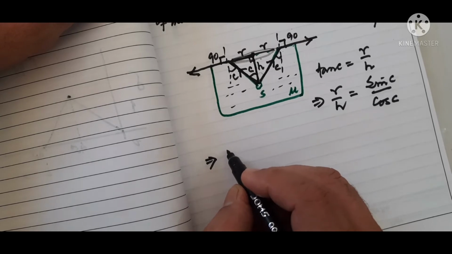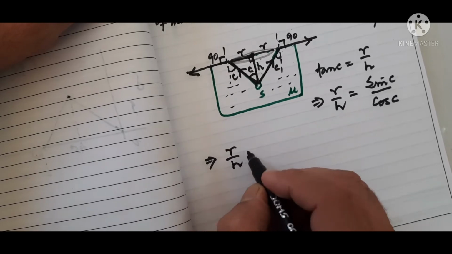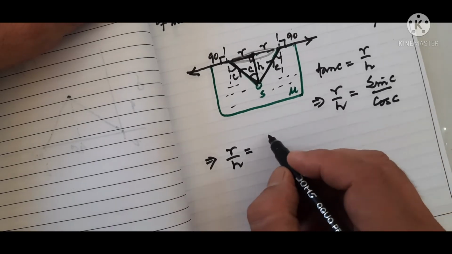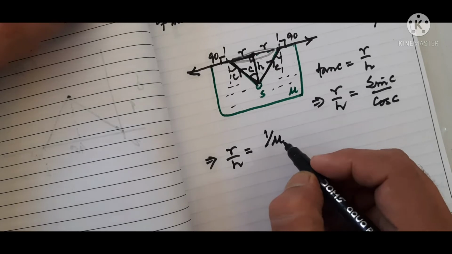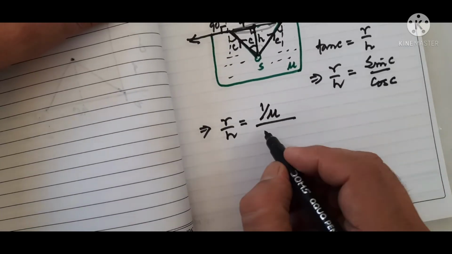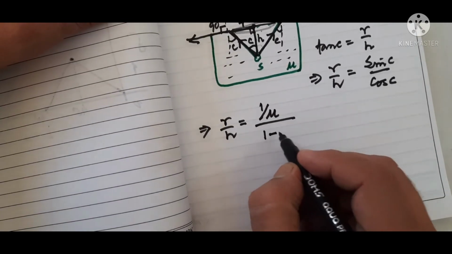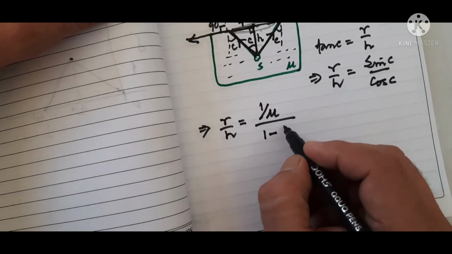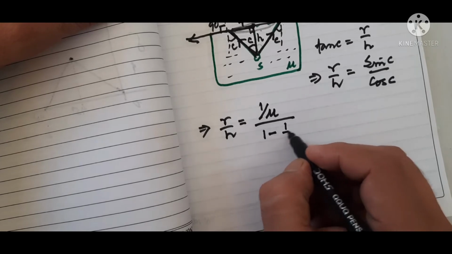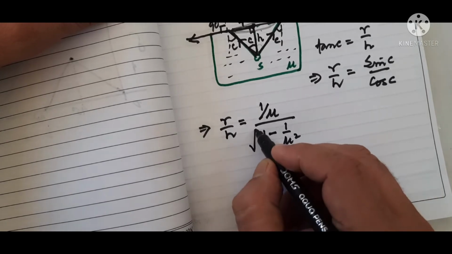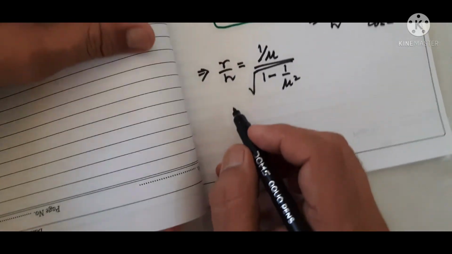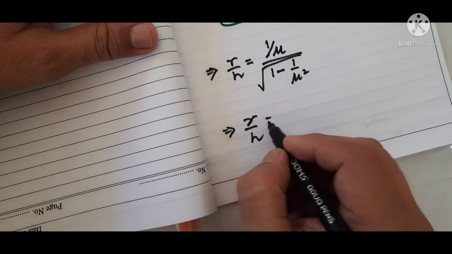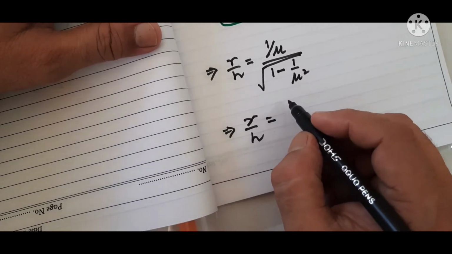and r by h is equal to, in place of sin c I am writing 1 by mu, by, in place of cos c I am writing under root 1 minus sin square c. So I am going to write directly 1 by mu square under root. That comes out to be r by h is equal to, what will it be here?